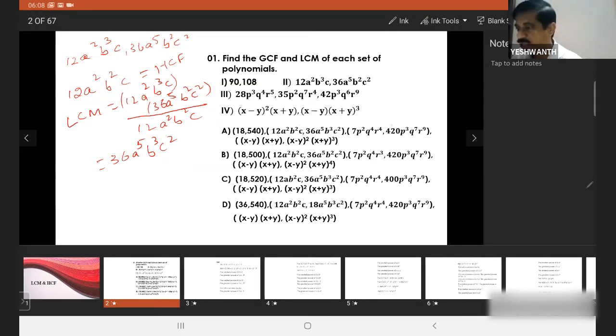So let us look at the third equation, or let us go for the fourth equation. x minus y into x plus y is HCF, and LCM is x minus y whole square into x plus y whole cube. So option A is satisfying.